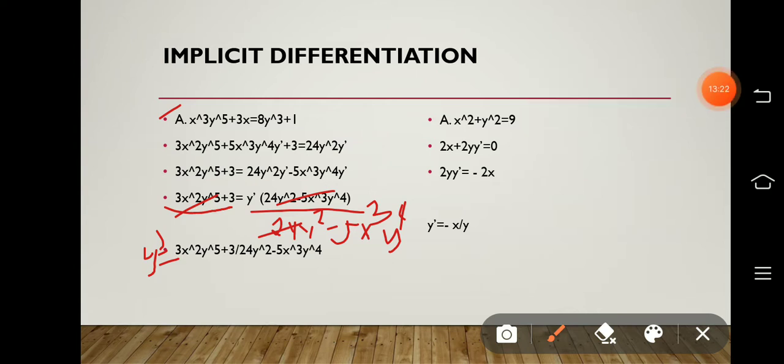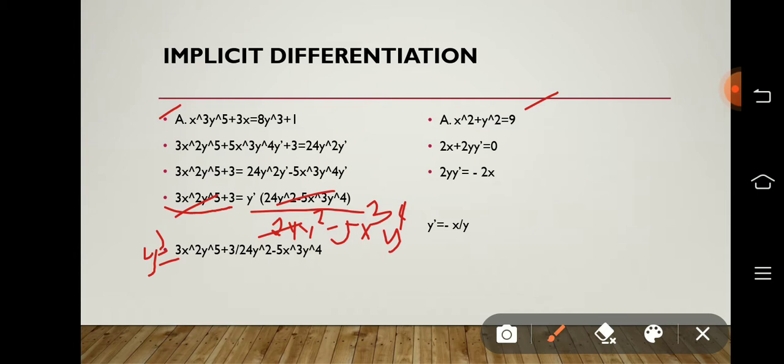Okay, the second given is x squared plus y squared equals 9. So get the first prime of the given: 2x plus 2y y prime equals 0. The 9 becomes 0. So it should be 2y y prime equals negative 2x.